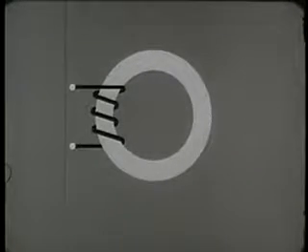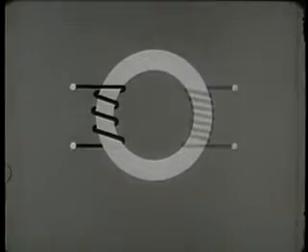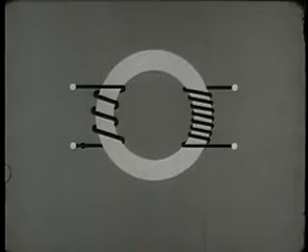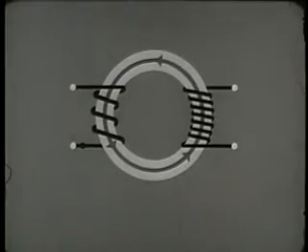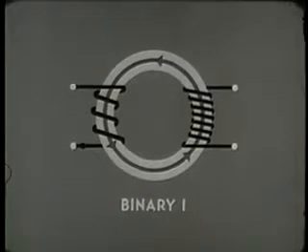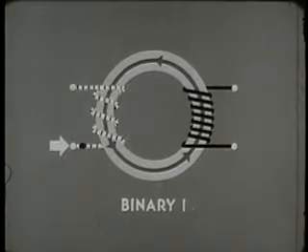Now, how do we get information out of a core? By means of a second winding. Let's follow the transfer of information from input to output. Assume the core is in a state of positive residual magnetism, in the binary 1 state. To change the core to binary 0, we send current into the dot side of the input winding.